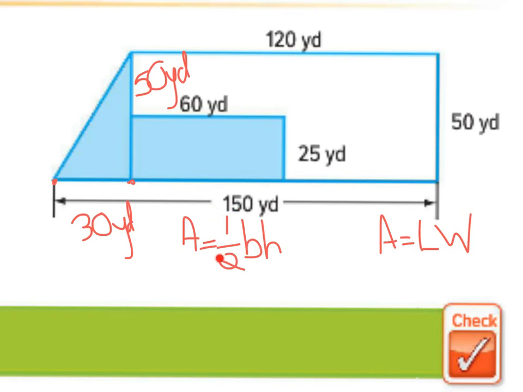Half the base is 15, half of 30 is 15, times your height, 50. And then your length times width, 25 times 60. And then add the two together, and your sum will be the yards squared of the picnic area. I'd like to see your answer in class.